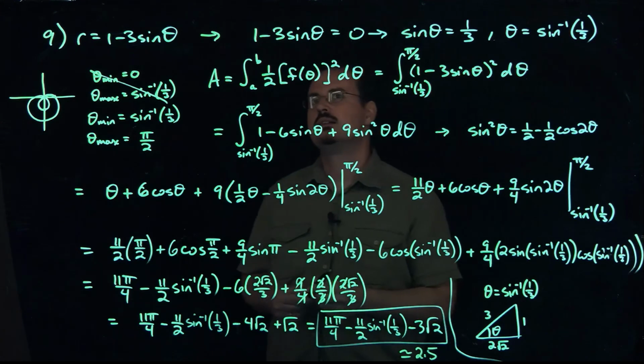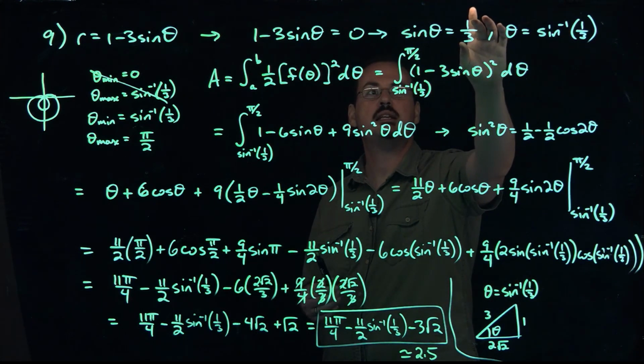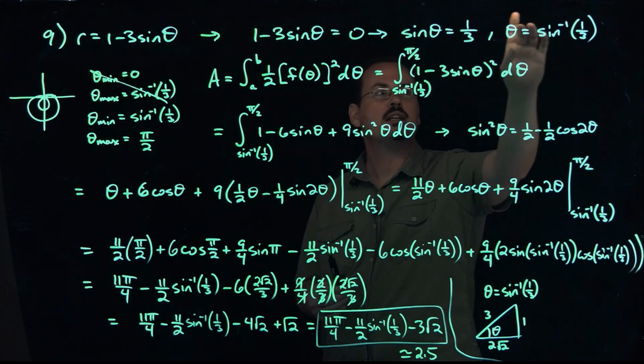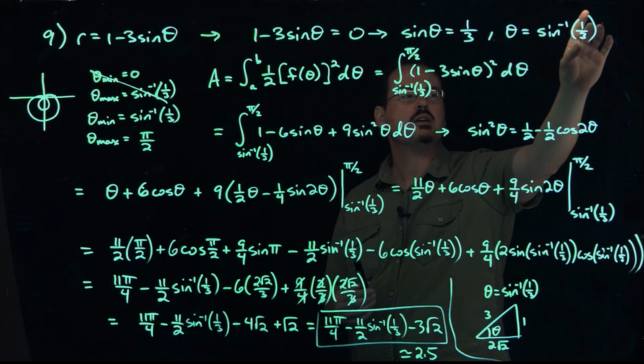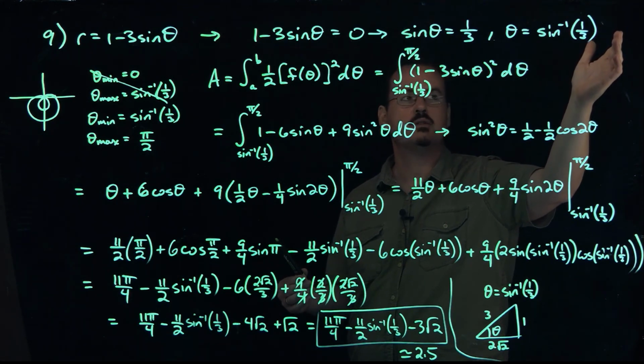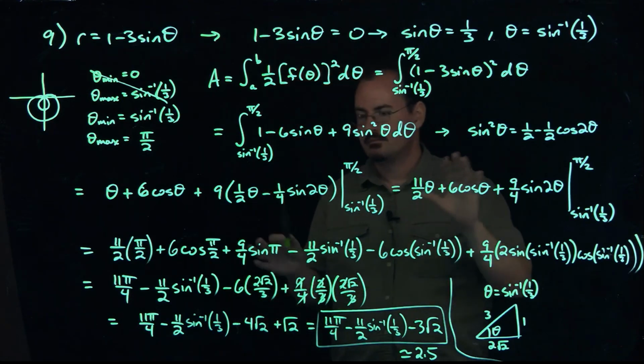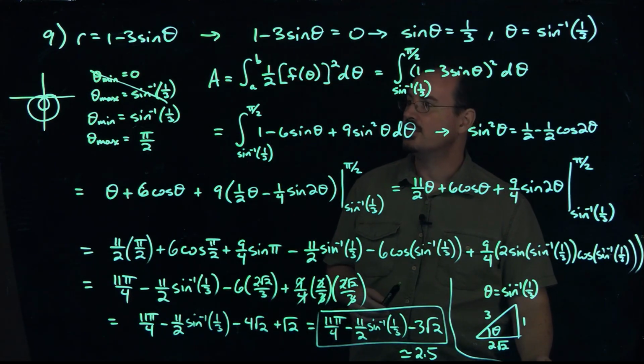What would make this problem a little bit nicer would be if I had made that a 1/2 instead. Then the arc sine of 1/2 is easier to find than the arc sine of 1/3, because 1/2 is a number that's on the unit circle. Anyway, there we go. That's the method for this particular problem.